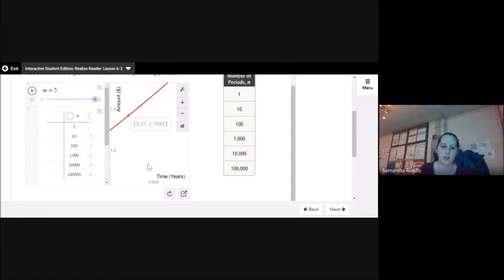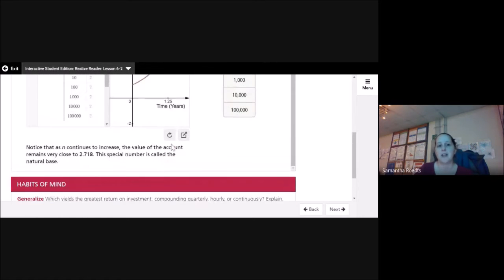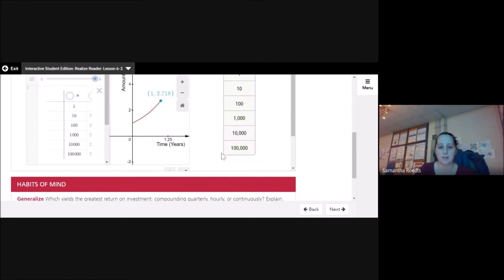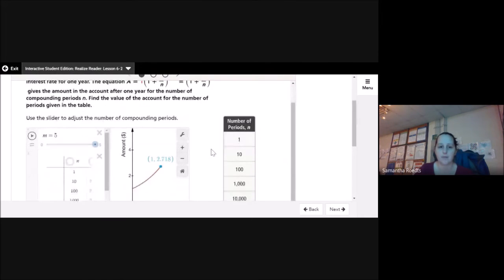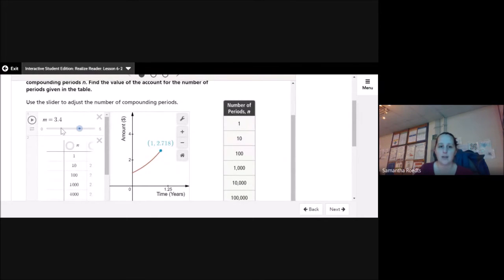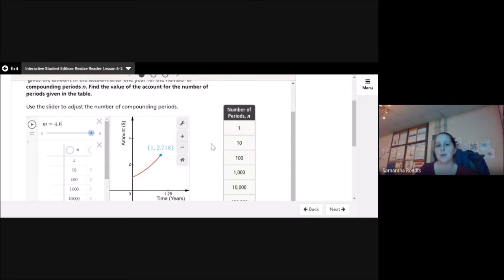Now, if you scroll in, it gets to be a very smooth curve. Notice that as n continues to increase, the value of the account remains very close to 2.718. This special number is called the natural base. You can see that it gets closer and closer, but it doesn't get past that 2.718 number.